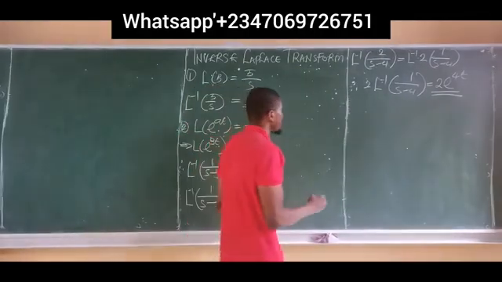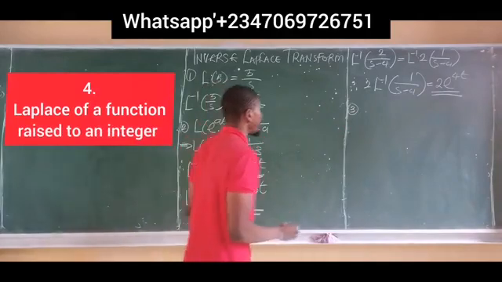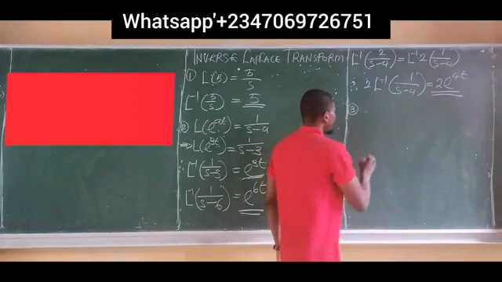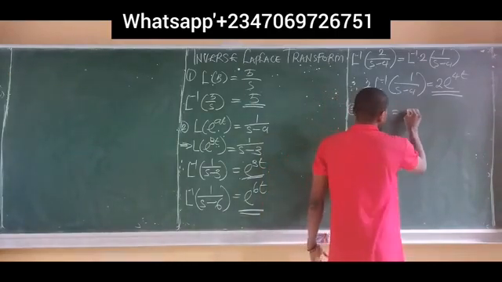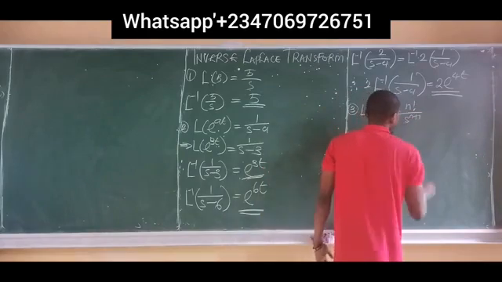Alright, the third table of standard values which I talked about is the Laplace of a function raised to an integer. I said the Laplace of t to the power of n is n factorial all over s to the power of n plus 1.